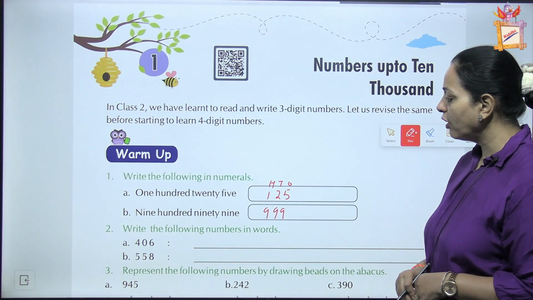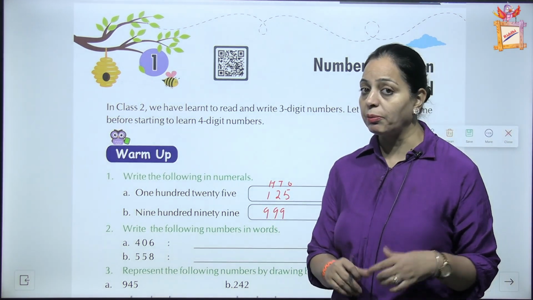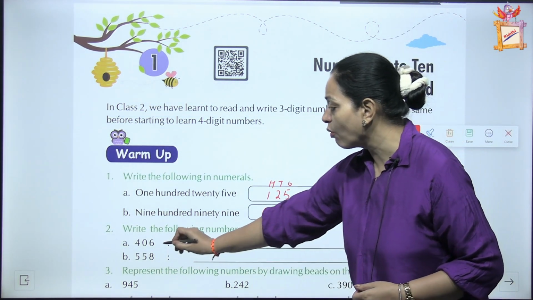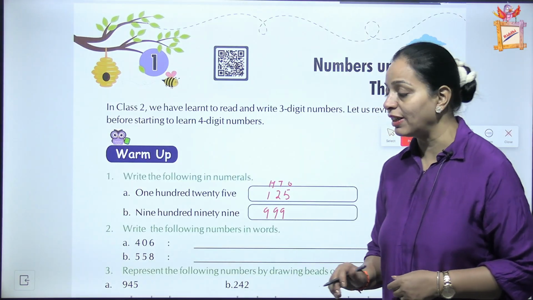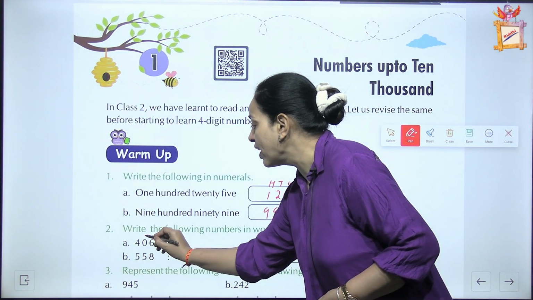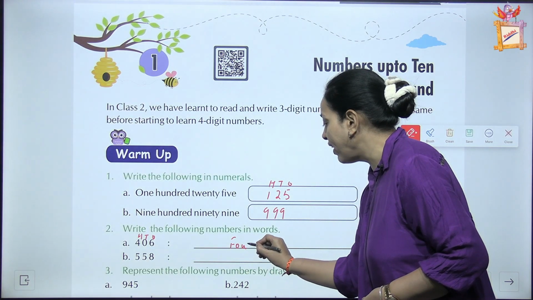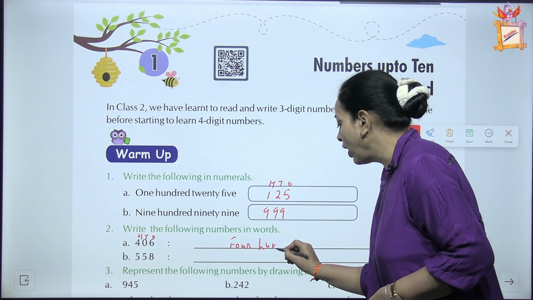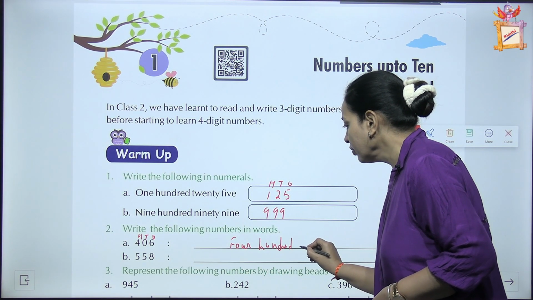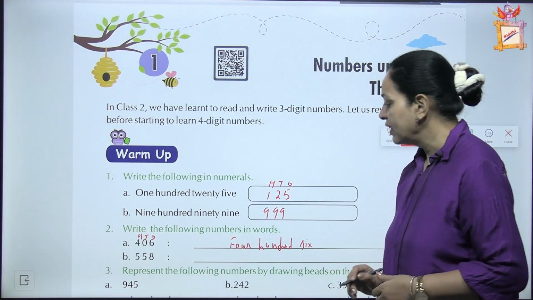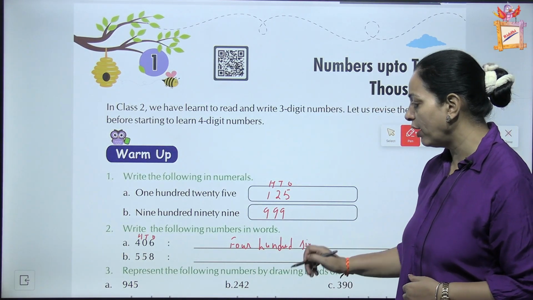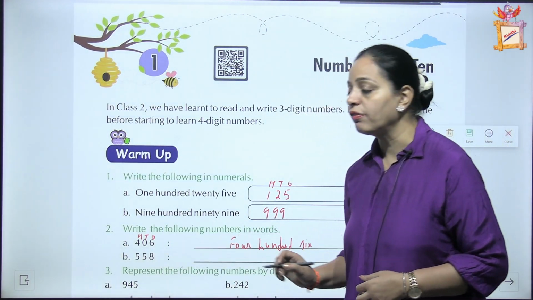The second one, write the following numbers in words. We have to write in words. The first one is 406. It means ones, tens, hundreds. 406. Similarly, you can try the second one, 558.